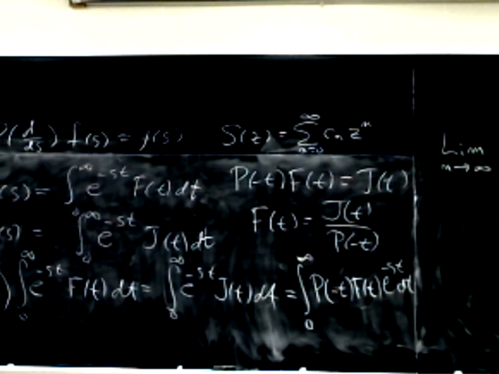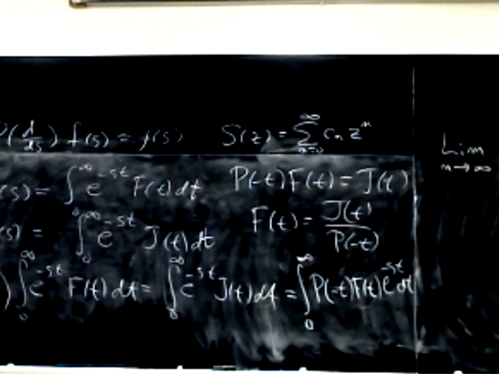is, since the z to the n's cancel, the limit as n goes to infinity of z times c_(n+1) over c_n, which is just z times the limit as n goes to infinity of c_(n+1) over c_n.